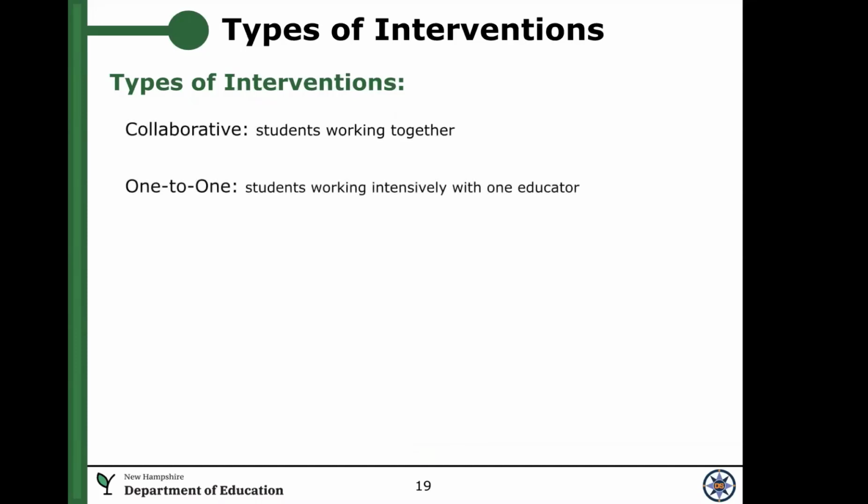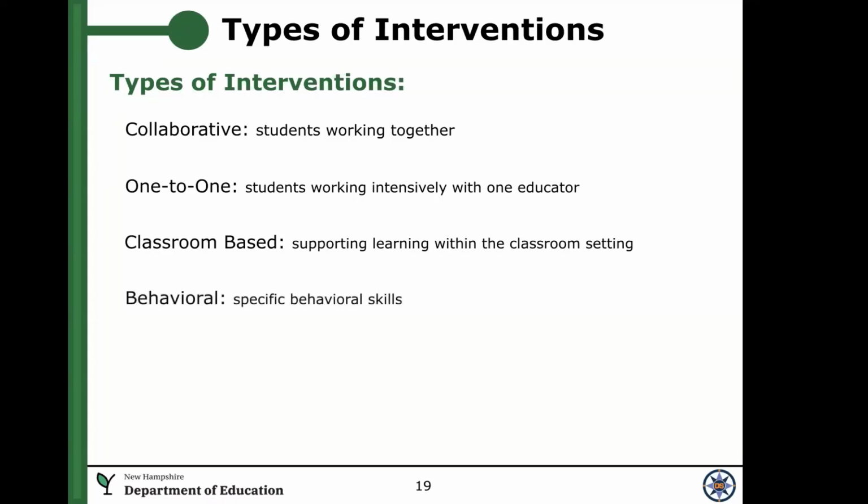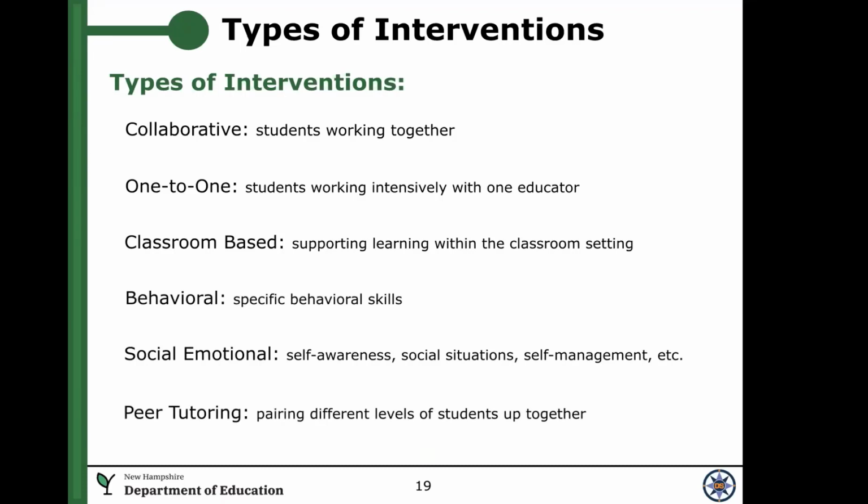The different types of interventions that we have: you have a collaborative intervention where students are working together in groups. You have one-on-one where students are working intensively with one educator. There's a lot of classroom-based intervention where you're supporting their learning within the classroom setting. We have behavioral interventions, social emotional interventions, and also this last one, peer tutoring.